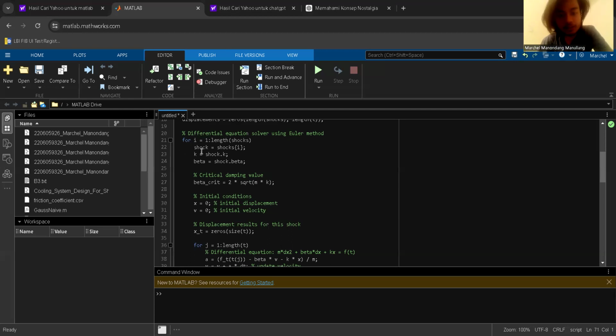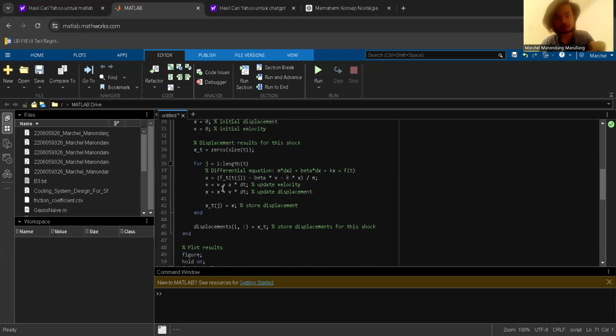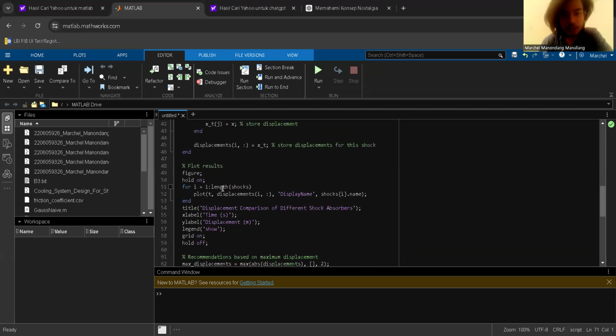And we're going to do a simulation and get the displacement result for each shock. And then we're going to plot the result.